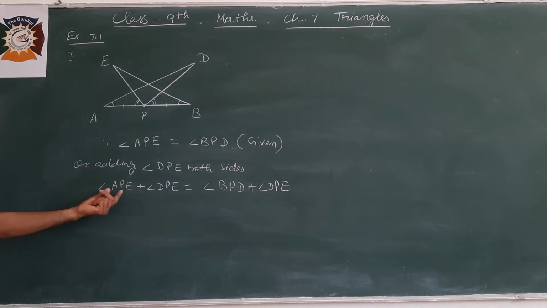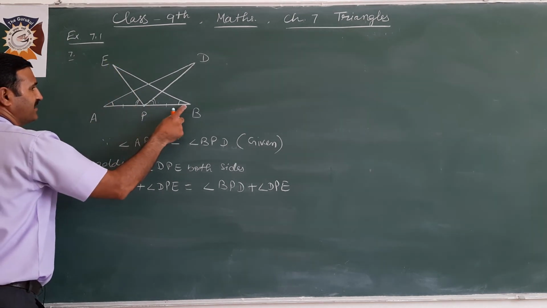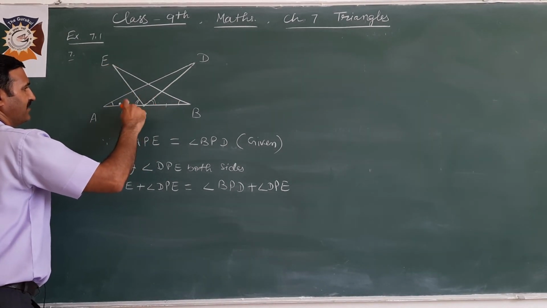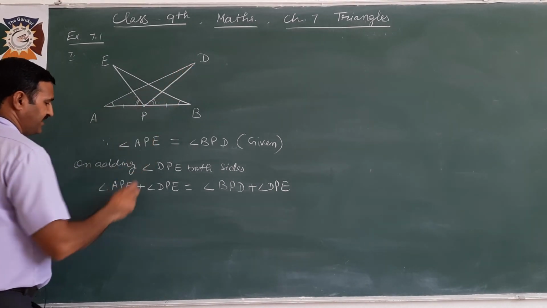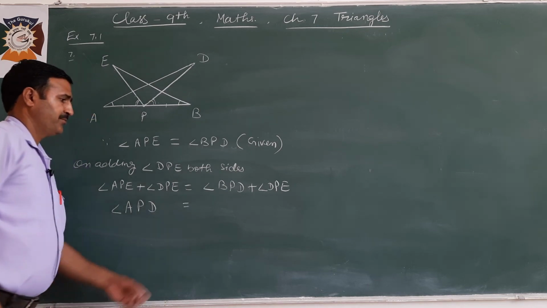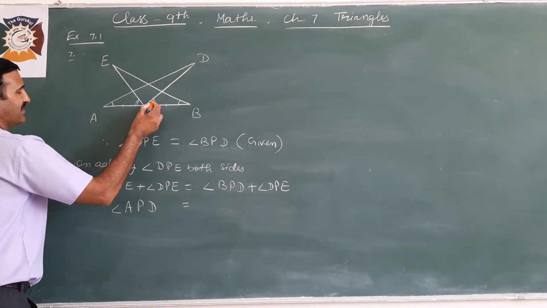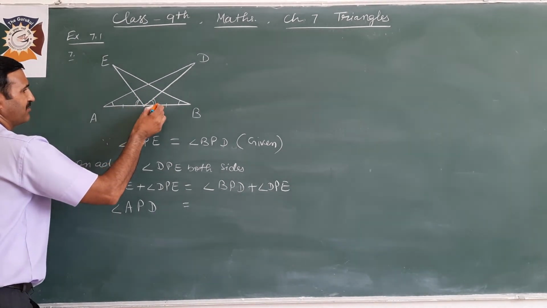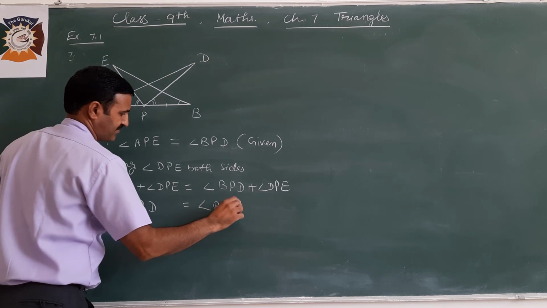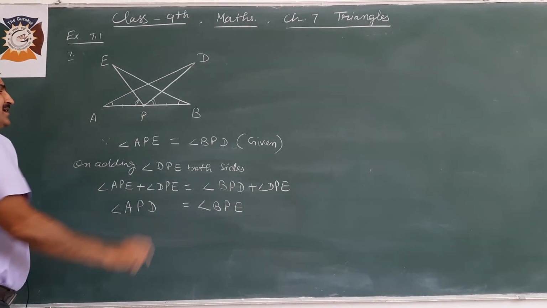Look at the figure. Angle APE plus DPE, this complete angle APD, BPD plus DPE, तो ये एंगल हो जाएगा BPE. So angle APD and BPE are equal.